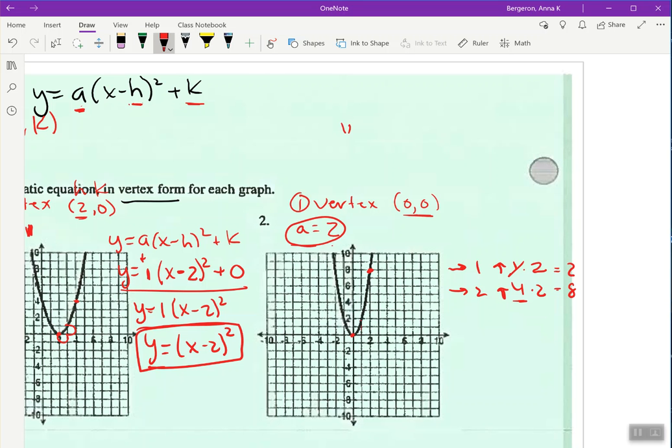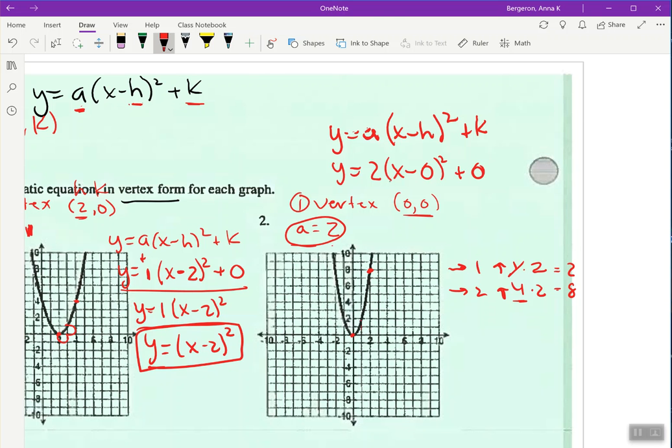So I would have y equals, this is not writing well, so let me try again. y equals a times x minus h squared plus k. So a is 2, and then h is 0, that first number of my vertex, and k is 0, the second number of my vertex.